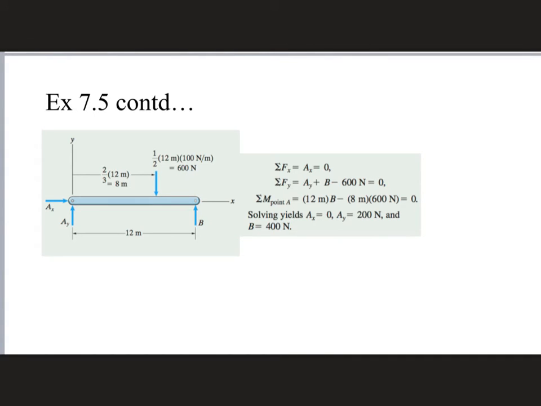And now finally we can do the sum of the moments about point A over here. Now notice the force line of action of A_x and the force line of action of A_y go right through that point. That means A_x and A_y contribute 0 moment about that point. But B has a moment arm of 12 meters, and the 600 newton force has a moment arm of 8 meters.